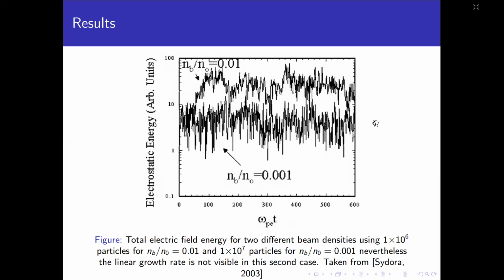But what happens if we want to simulate this same instability, but employing a much weaker plasma beam, okay, with this normalized density? Well, here, obviously, we can't see any linear growth, and this simulation is taken over by statistical noise, and we can't see pretty much anything, right?